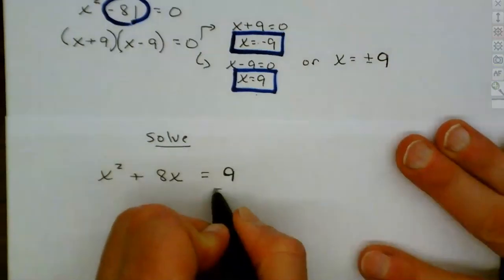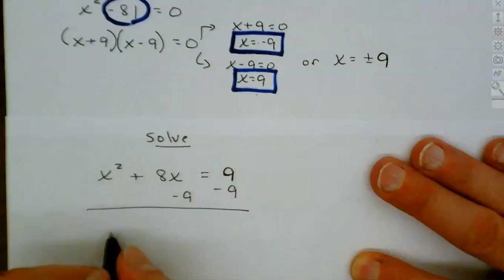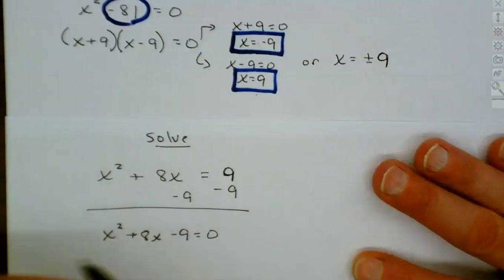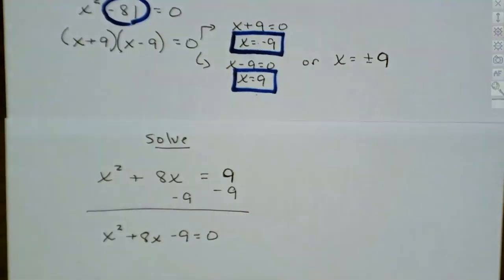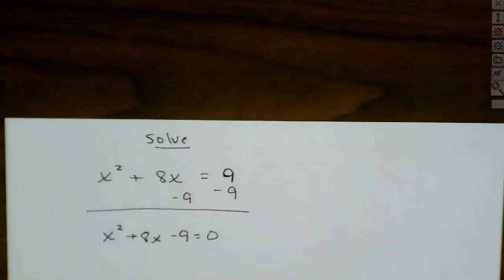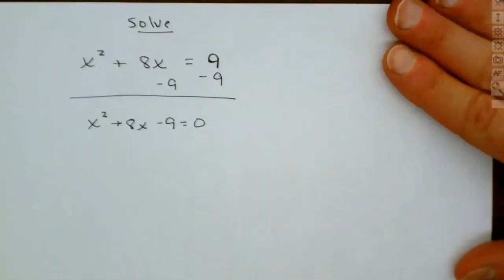First thing we need to do is move that 9 over. And now we're going to have to factor. So we're going to factor this. Now, most of the time, they're going to be easy to factor. And this one is pretty simple when we go to factor it.